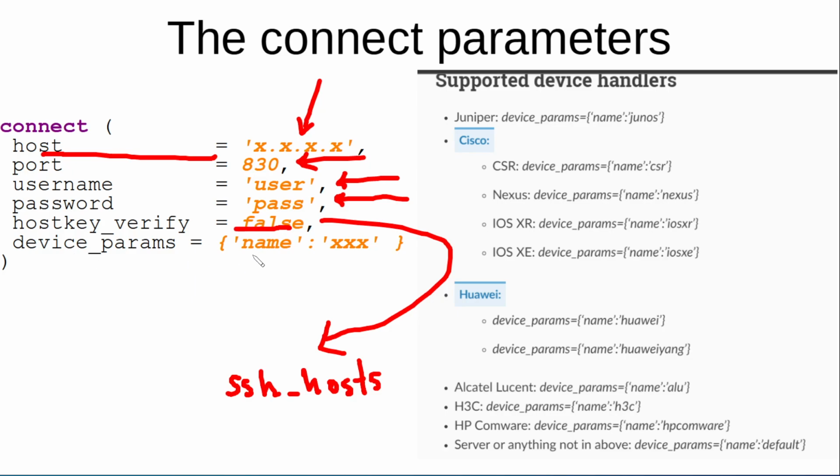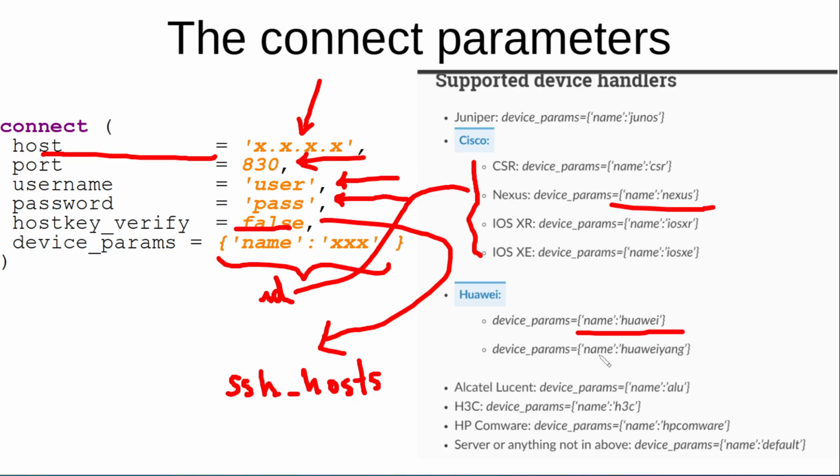And then device parameters is a code that will identify your NETCONF server, and you can pick it up from these values. For instance, if you're going to work with a Nexus device, use this value. And you can also use values for other vendors. Remember that NETCONF is a standard and any vendor can implement it, not only Cisco.